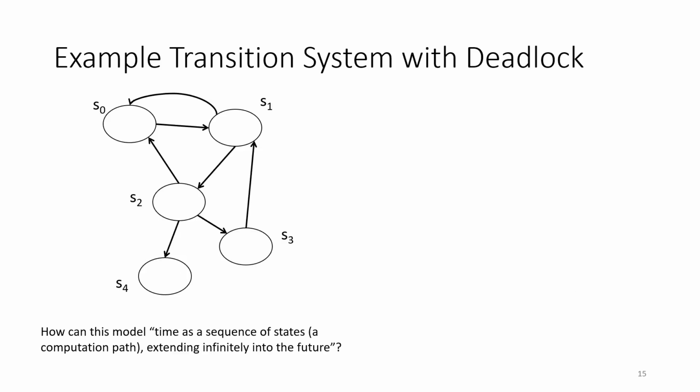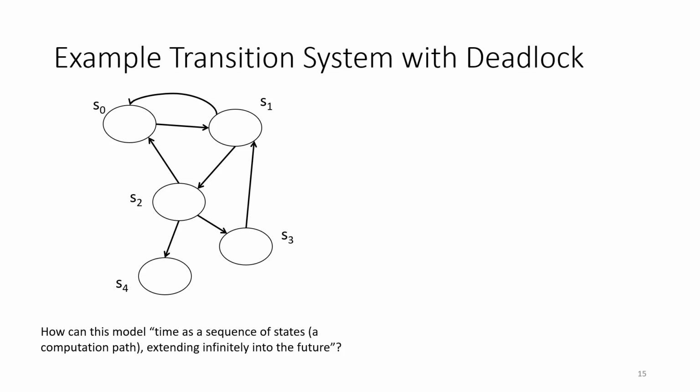Now, we said that we want to implement time as a sequence of states extending infinitely into the future. Is this possible in this transition system? Can we always extend our sequences of states infinitely into the future?